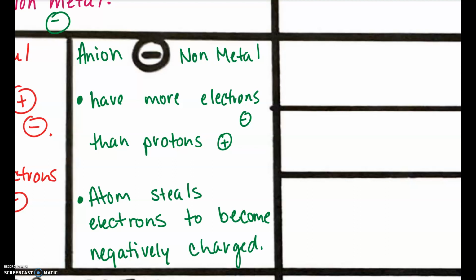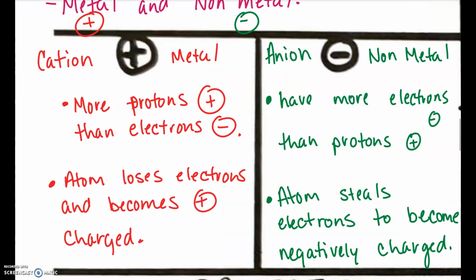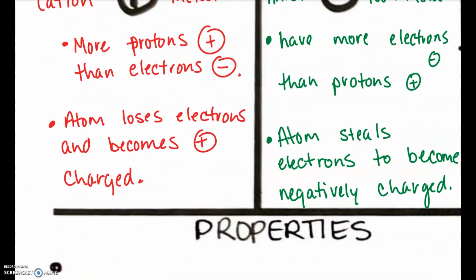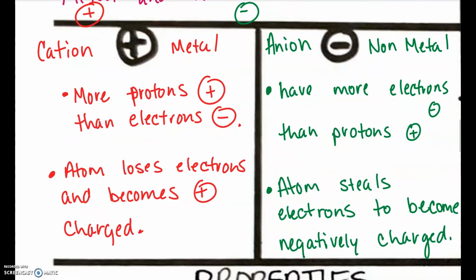So that's how an ionic compound is formed: two atoms, a metal and a nonmetal, come close to each other. What happens is the nonmetal steals electrons from the metal.